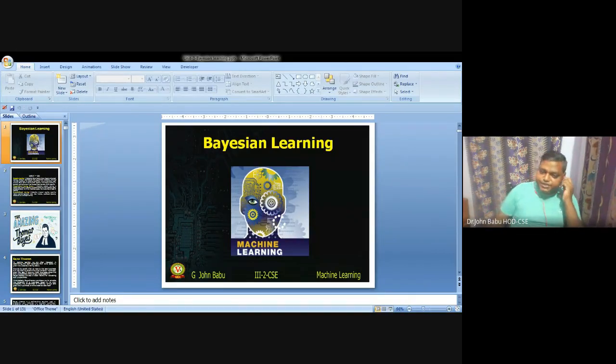Then what is gradient descent? How does gradient descent work? What is back propagation? What is the delta training rule? And how we update the weights in case of an output neuron, and how we update the weights in case of a hidden neuron, and how that weight updation takes place, we have seen.